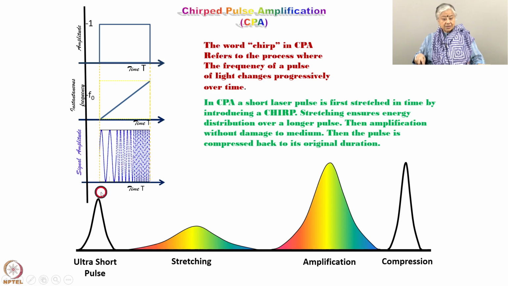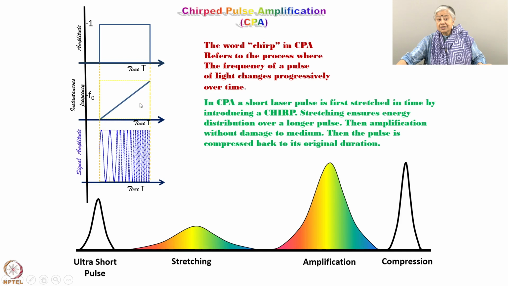Here the oscillation has a longer wavelength or lower frequency. As you go through, the wavelength becomes shorter and shorter, and the frequency becomes larger and larger. So over this length of time you have changed from a low frequency to a high frequency, or a long wavelength to a short wavelength. It has happened linearly over time, so it is called a linear chirp.